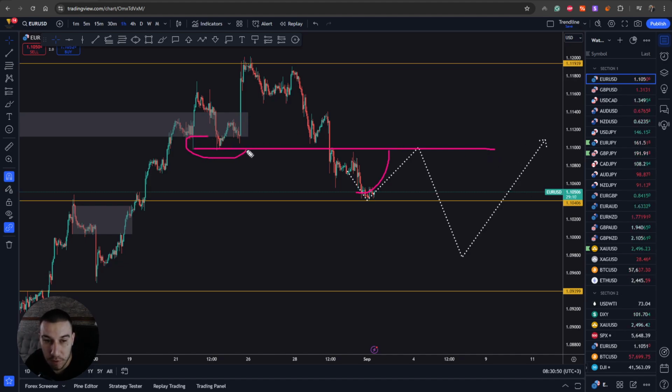Because we've got this previous structure, we've got this previous high, and also if you place the Fibonacci retracement tool from this high down here to where we're currently trading at, and you can only do that once you see that there's a move to the upside, then you will see that this is right around the 38.2 Fib retracement level again, right? So another key level. So that makes it a very good level to look for selling opportunities, short-term trades, right?